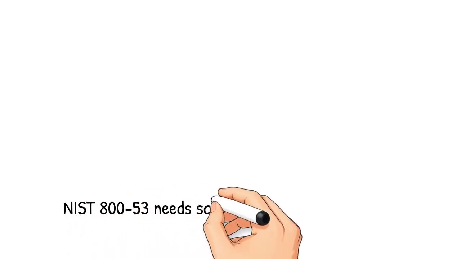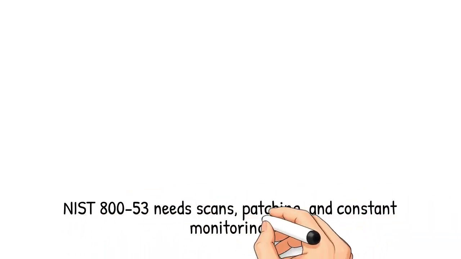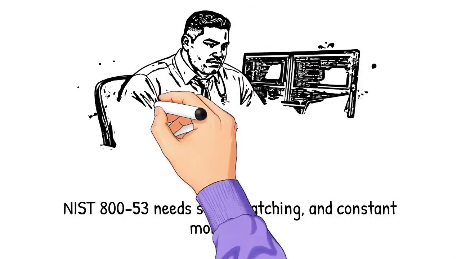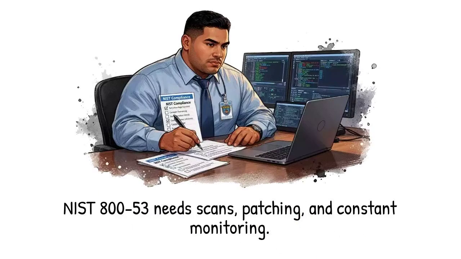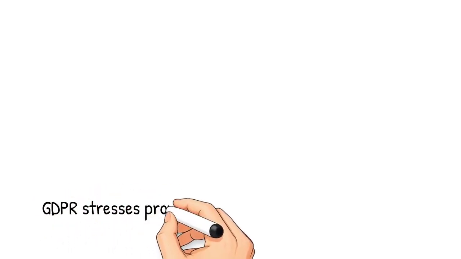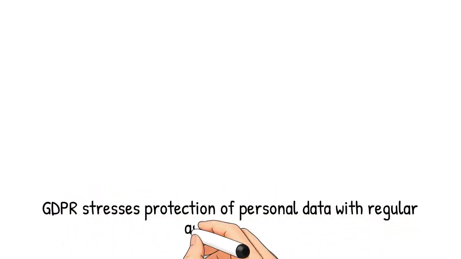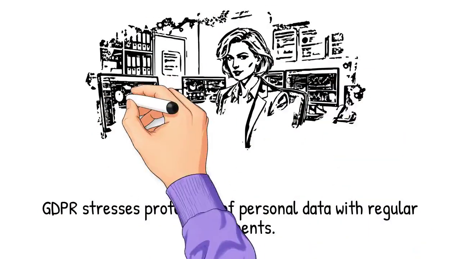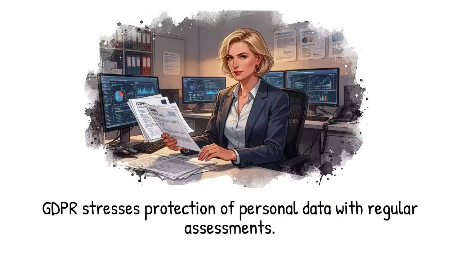NIST 800-53 and 800-171 require vulnerability scanning, configuration management, patch management, continuous monitoring, used by government agencies and contractors. GDPR Europe requires security by design, regular assessments, protection of personal data, vulnerability scanning supports compliance.